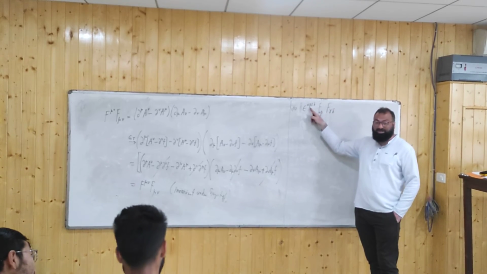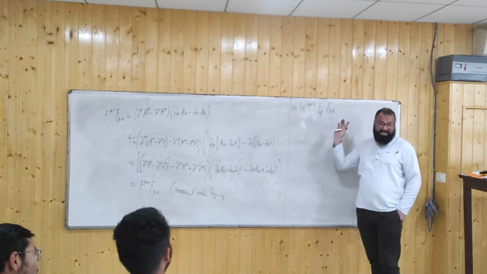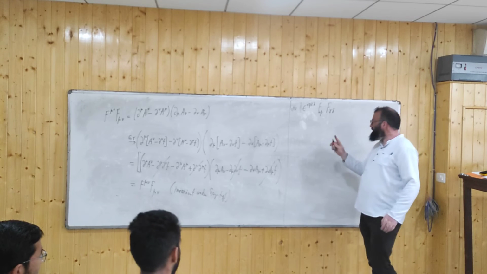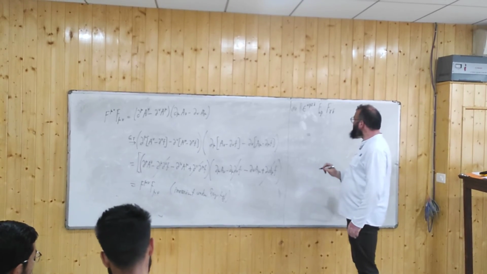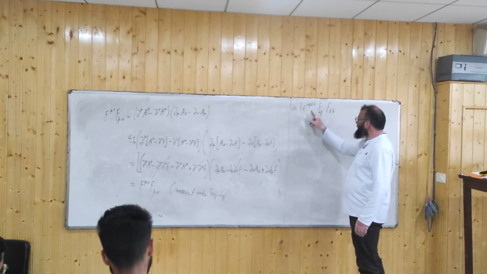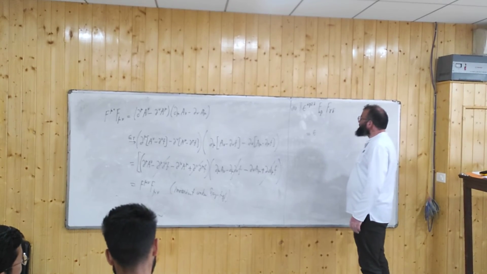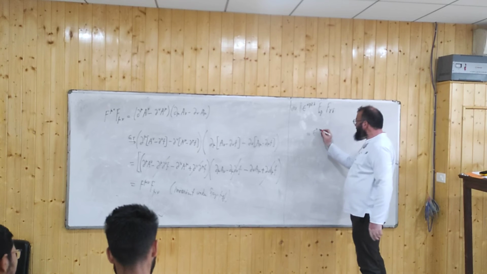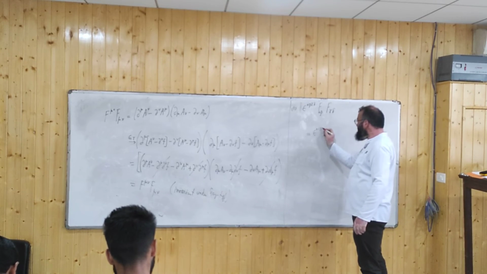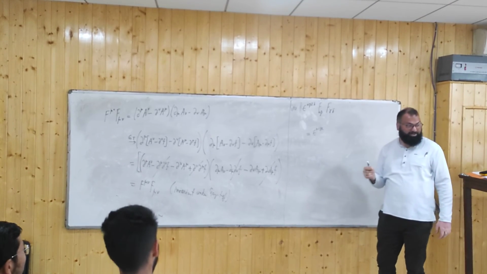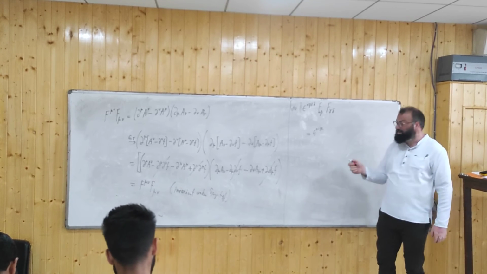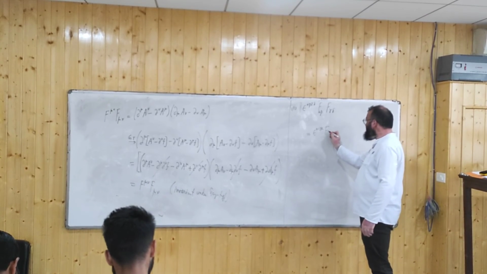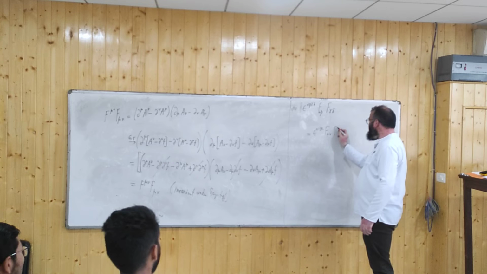Now if I fix beta to be 0, then other indices cannot be equal to 0. So I will write it this way. If I write alpha equal to 0, then for beta, gamma, delta I can put i, j, k, while i, j, k take values from 1 to 3. So I can write epsilon 0 i j k f 0 i f j k.